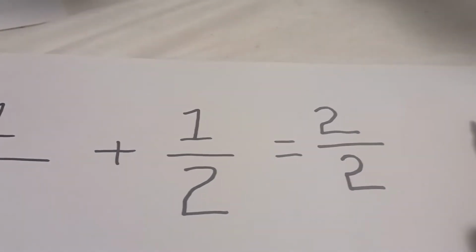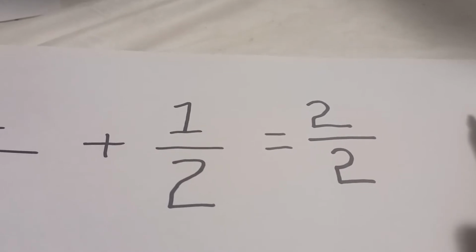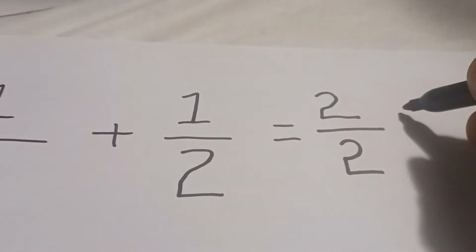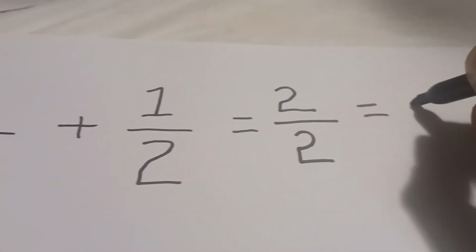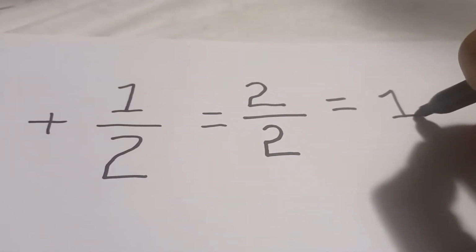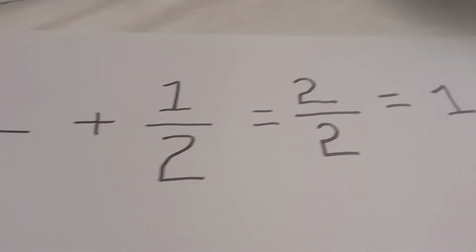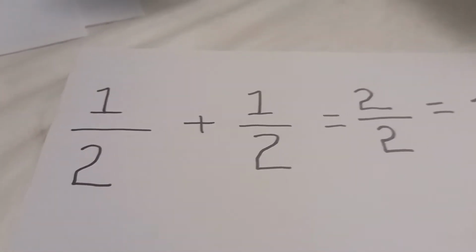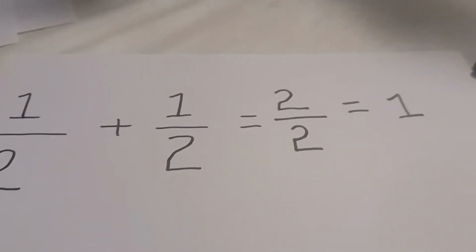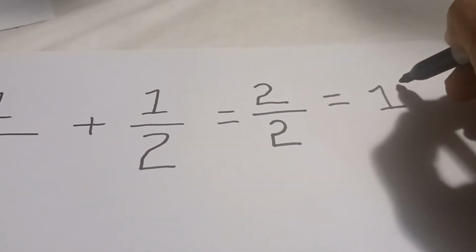That gives us 2 over 2, which is a whole, and we know that equals 1. Simple. So a half an inch plus a half an inch is 1 inch.